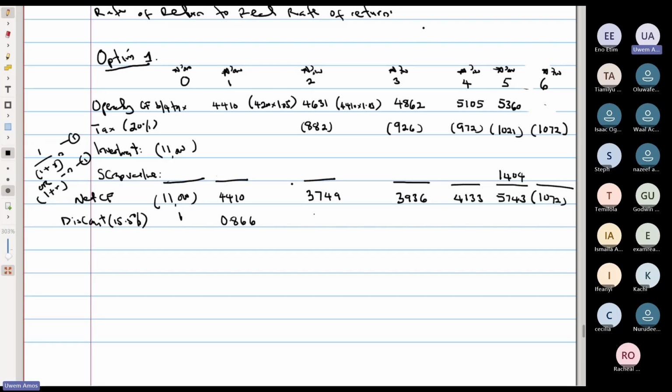So that gives us 0.750. I'm sure we're used to discount factor computation. Then 0.649, 0.562, 0.482, 0.421. Okay, so let's multiply and get our present value.